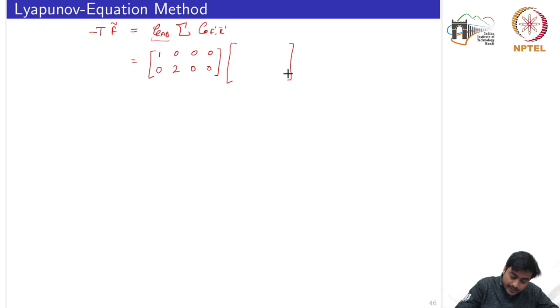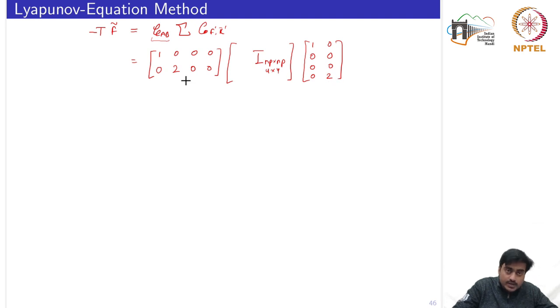We can choose an identity matrix of dimension np times np for sigma, and the controllability matrix of this pair would be of dimension 4 times 2. Since np is 4, sigma would be 4 times 4, and this we can write as shown. This matrix has full rank, this matrix has full rank, and this is a non-singular matrix.